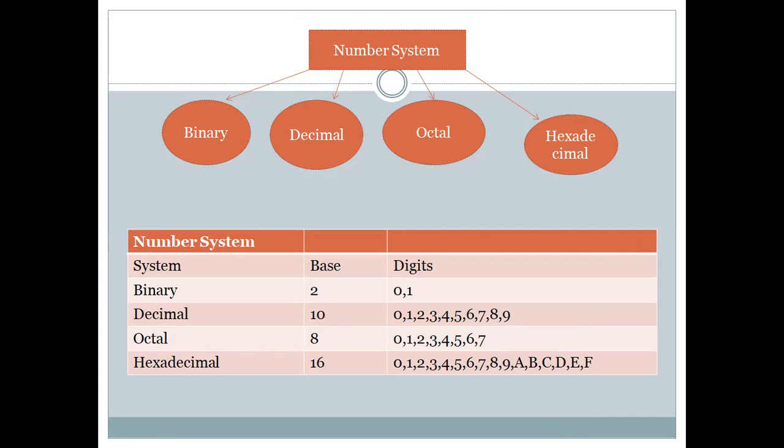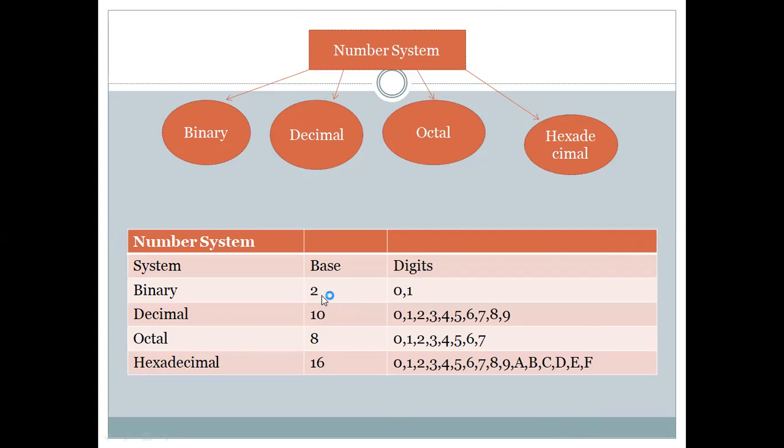So first, we can see that there are four types of number system. First is binary, second is decimal, third is octal, and fourth is hexadecimal. In the binary system, there is a base of 2, that means radix 2.